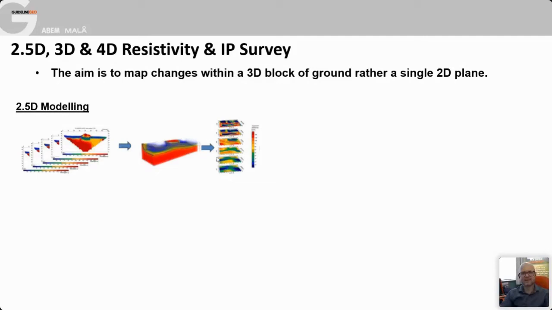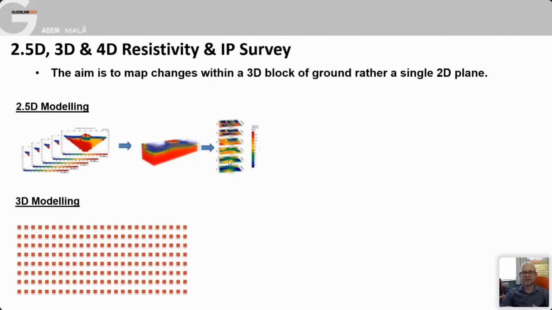The downside is that there are some assumptions that we're making. A 2D measurement assumes that the resistivity doesn't change to the left or the right of the survey line, that the variation we see just extends in both directions away from the electrodes. That's, again, unlikely to be true, especially if you're trying to do a 3D survey.